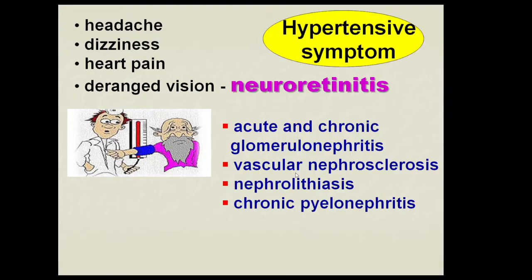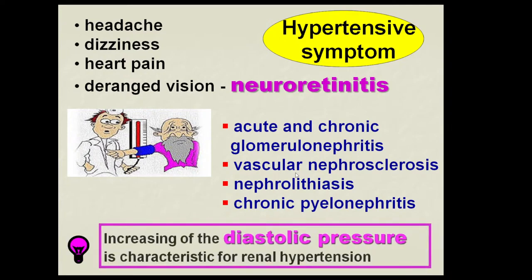And if diastolic pressure increases, peripheral vessels are significantly constricted. You understand? Our central nervous system and our vision are highly sensitive to blood circulation. As a result, deficiency of blood flow will affect vision early, causing neuroretinitis.